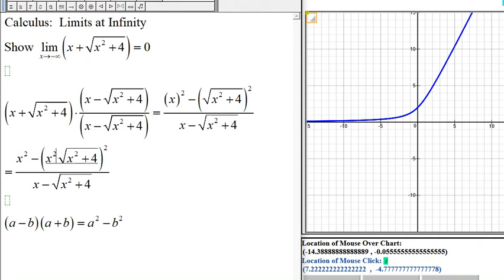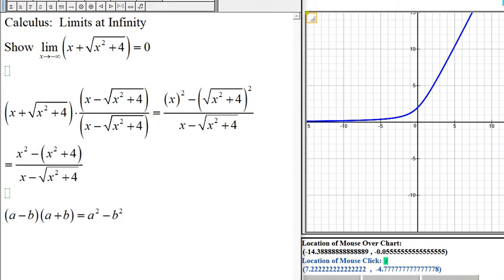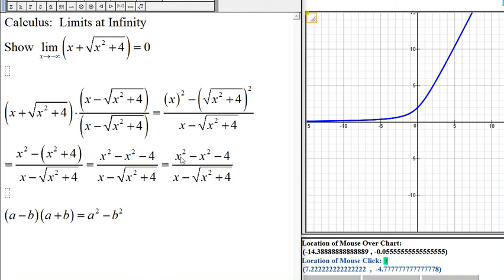So it would be x squared plus 4. And then here we have a minus. So that's going to make this minus x squared and minus 4. So now we end up with negative 4 on the top.